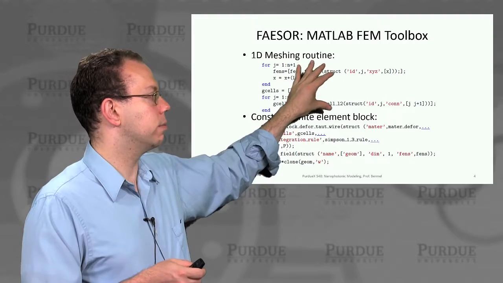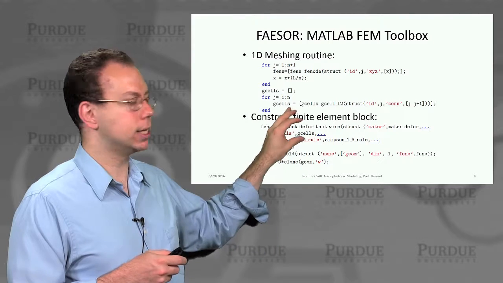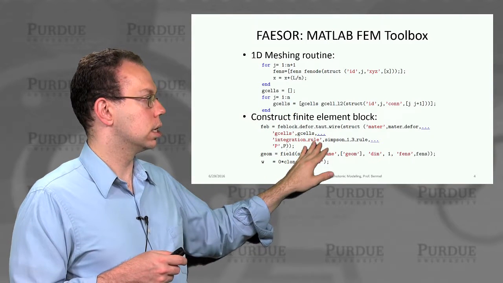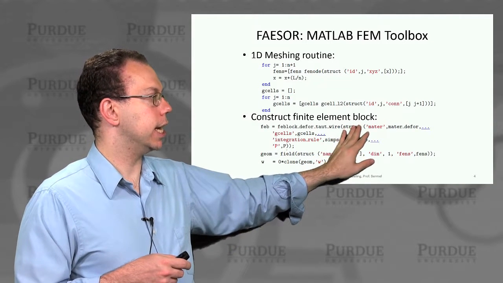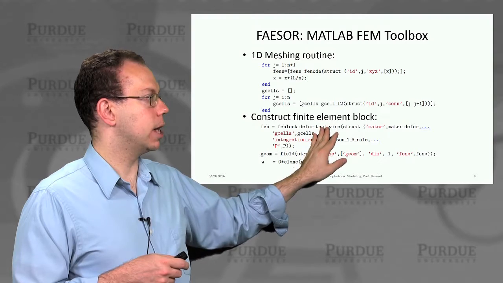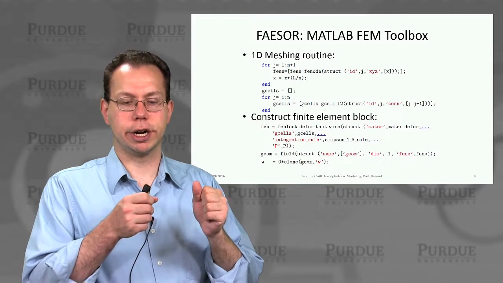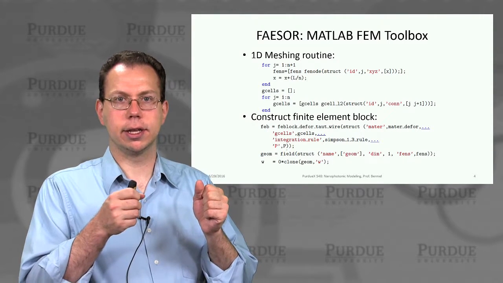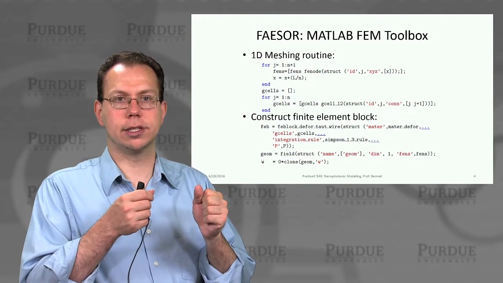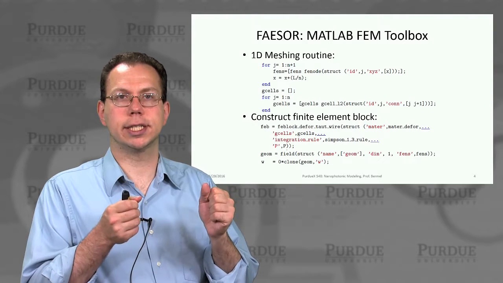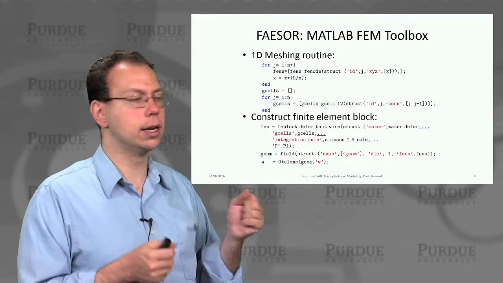So once you have this mesh set up, then you can create a finite element block. And this finite element block is basically setting up your structure for various types of solutions. In this case, we would pick the kind of problem that we had a while ago, which was related to the mechanical problem, where you have a tight string, there's some sort of tension and there's gravity on the string, and then you're trying to look at the dynamics of the string, if it's time dependent, or the static equilibrium of the string, if it's not vibrating, if it's just in a steady state.